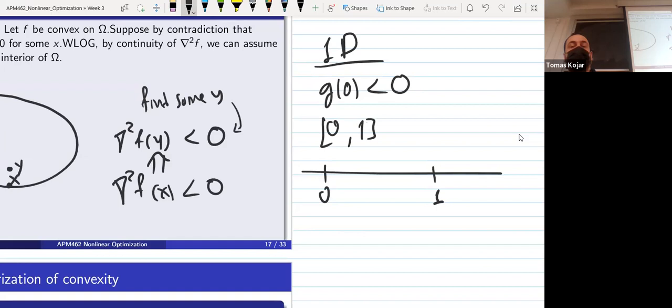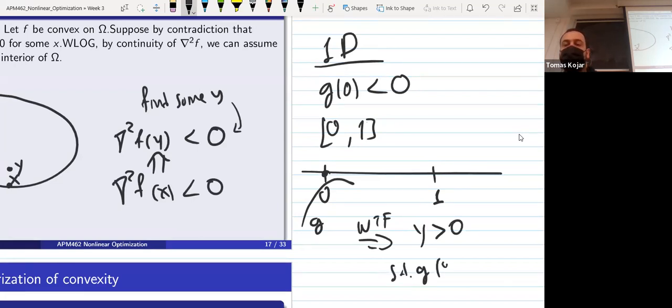Can you find me a y strictly bigger than 0 so that g of y is less than 0? This is the function, right? It goes below. How would you prove it?